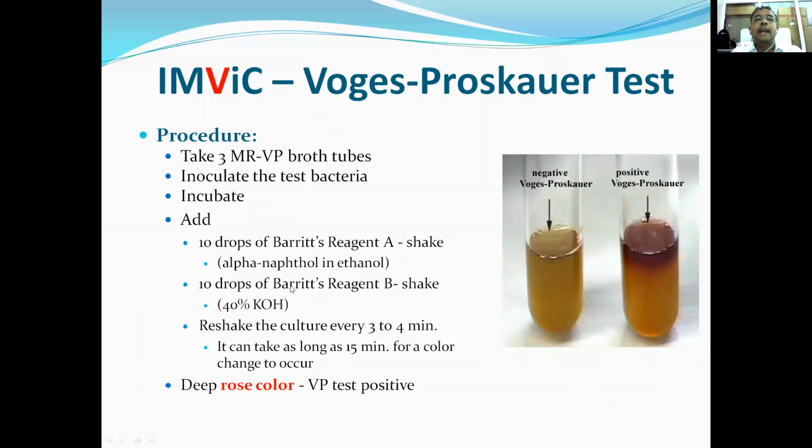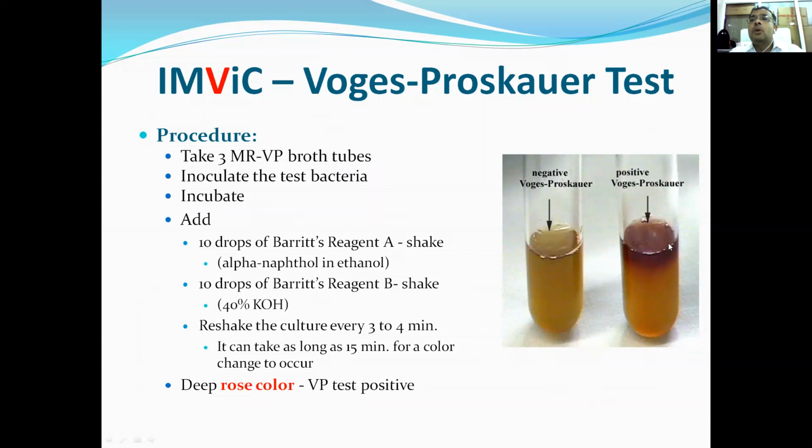Once we add these 2 reagents in sequence, reagent A followed by reagent B, on the overnight incubated test bacteria, you can mix it for 10 to 15 minutes, and you will find a rose color.